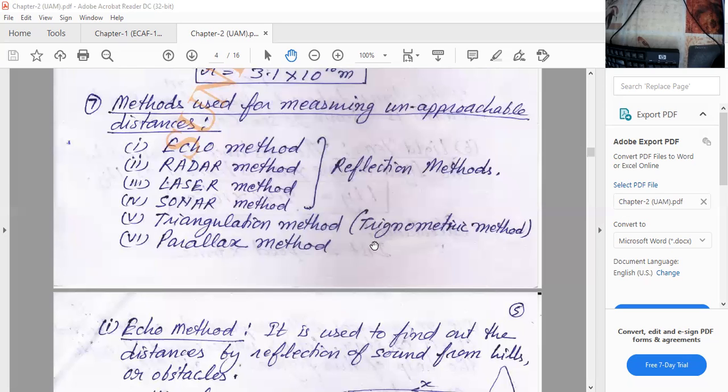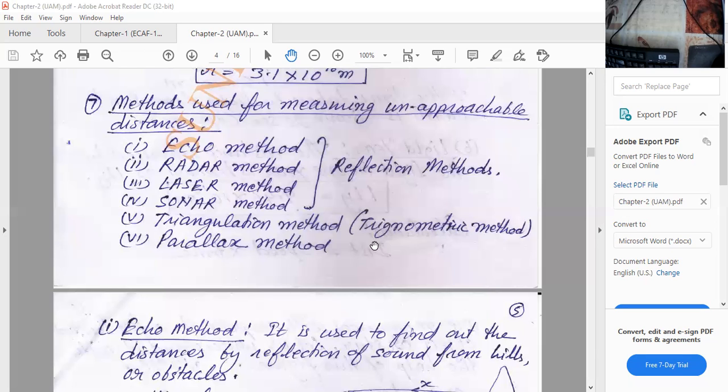The triangulation method is the method of finding distances or heights by using trigonometric identities. As we know from heights and distances in previous classes, we have calculated heights or distances of buildings, trains, or the width of a river. Such methods are known as triangulation methods. They involve mathematical identities related to trigonometry.